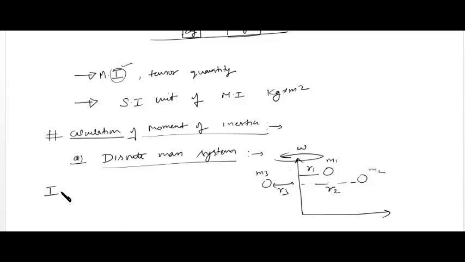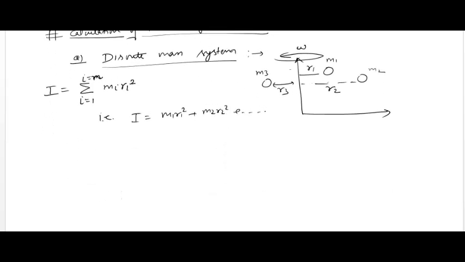Then we can define the moment of inertia of this system as summation of mi ri square. That is, moment of inertia is equal to m1 r1 square plus m2 r2 square, and so on up to n terms. You can easily see that the unit of moment of inertia is kg for mass and meter square for radius square.